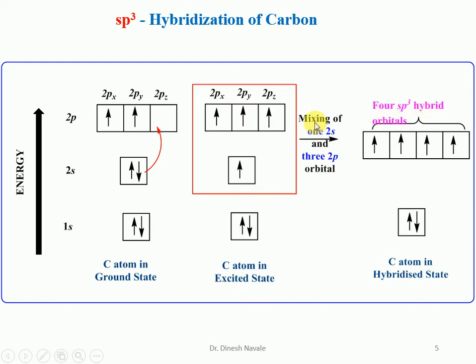So this is the mixing of one 2s and three 2p orbitals, giving four sp3 hybrid orbitals. This is the hybridized orbital of the carbon atom in the sp3 state. This is how sp3 hybridization of the carbon atom is carried out.